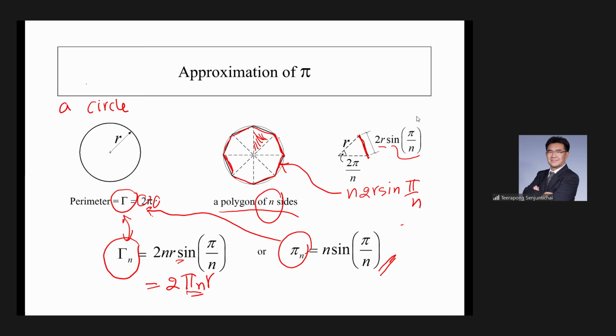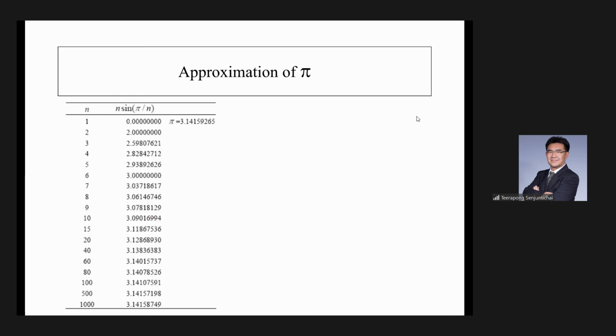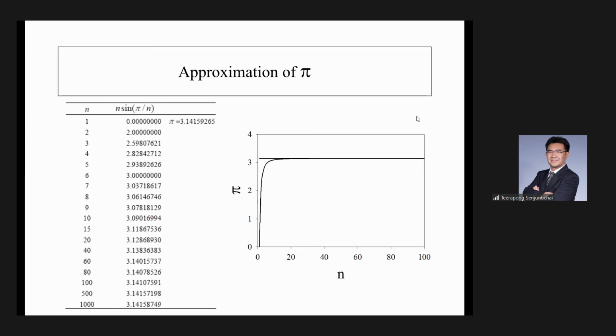So what we do here is I just compute when you use n equal to 1, 2, 3, 4, 5, 6, 7, and increase the number. This should be pi n actually, and this is exact pi, 3.14159 something.